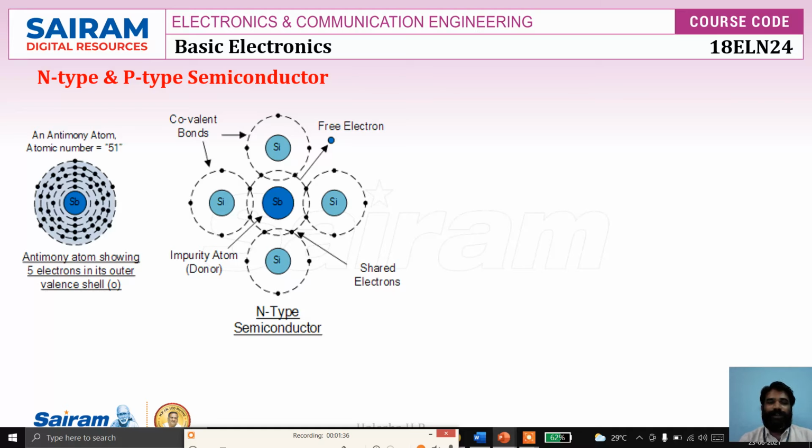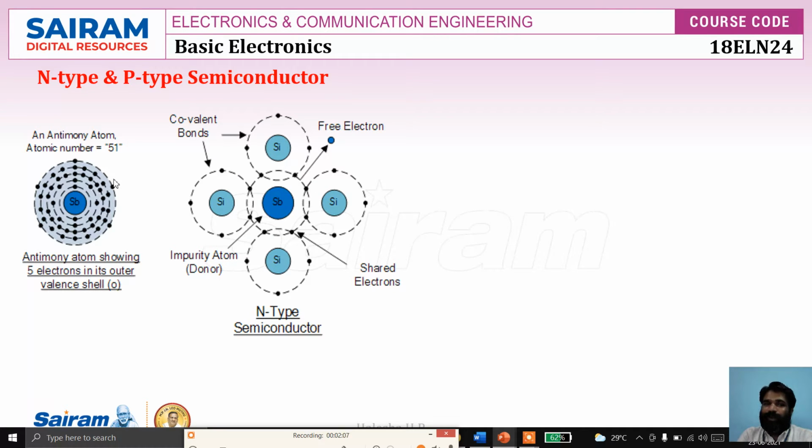So this is the N-type semiconductor. It is obtained by adding a pentavalent atom, that means there are 5 electrons in the outer shell. That is antimony atom, showing 5 electrons in the outer shell. Among these 5 electrons, 4 electrons are shared with the neighboring silicon atoms to make covalent bonds, and this is the impurity atom.